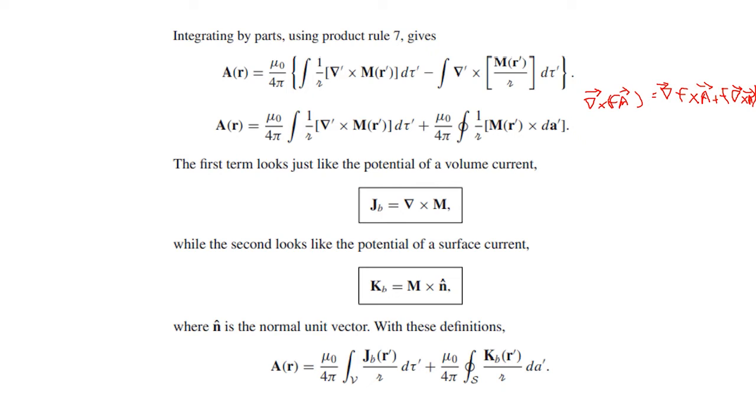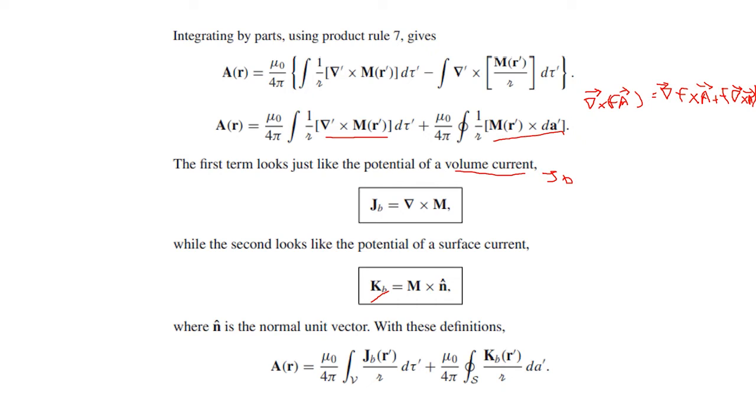The first term looks like the potential of a volume current, represented by JB, which is the gradient cross M, while the second term looks like the potential of a surface current, represented as KB equal to M cross N cap, where N cap is the normal unit vector.